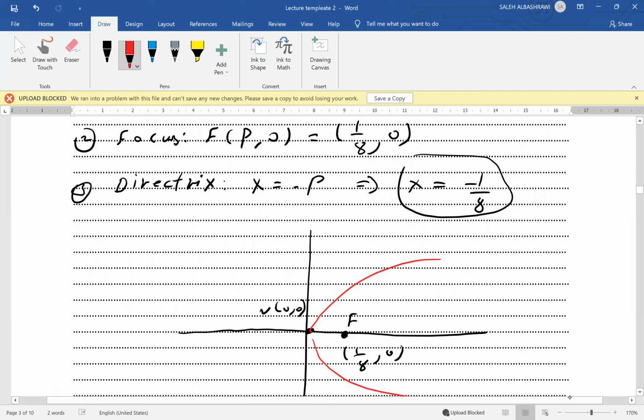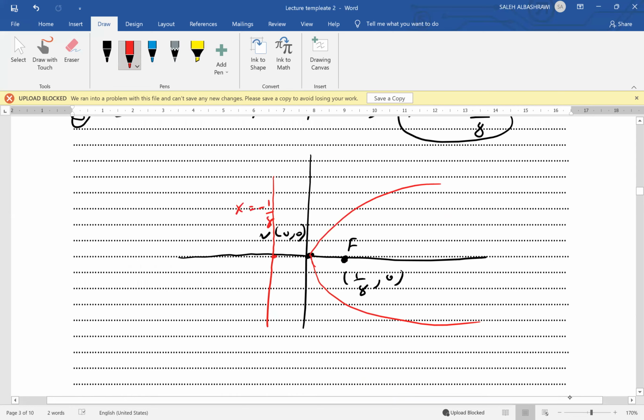We take this shape, and the directrix is x equal to minus 1 over 8, not minus 8. So this will be the sketch of the parabola.